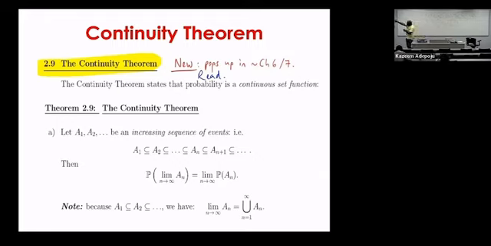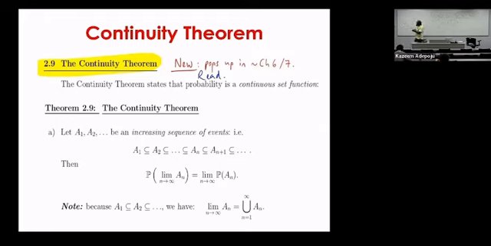Let A1, A2 be an increasing sequence of events. When I say increasing sequence of events, it means the number of elements you have in A2 is more than in A1, and A3 more than that. That's increasing. Does that make sense to you now? So I'm going to say A1 is contained in A2, A2 is contained in the next, and so on. That's what that notation means.